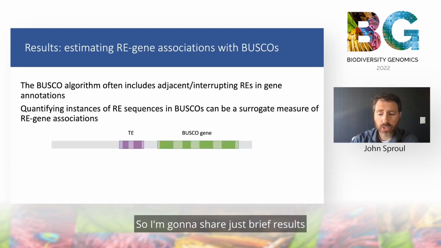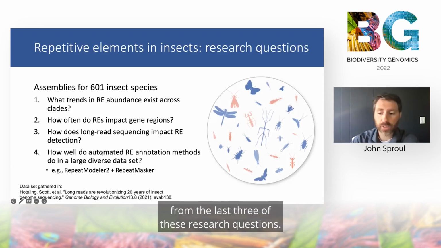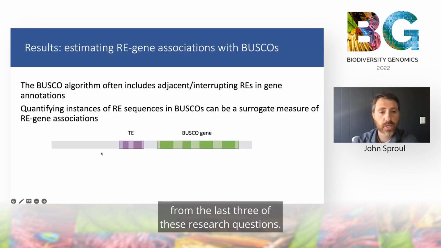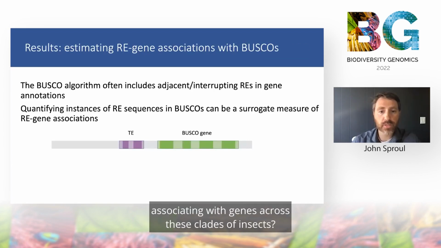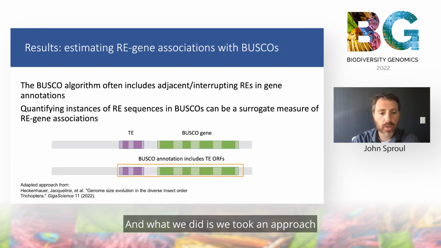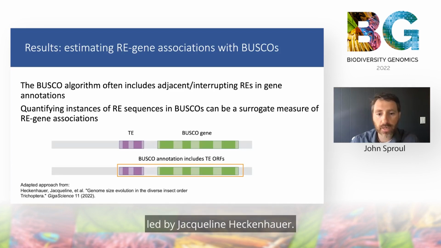So I'm going to share just brief results from the last three of these research questions. First off, how are repetitive elements associating with genes across these clades of insects? And what we did is we took an approach that we put together as part of an earlier project led by Jacqueline Heckenhauer.